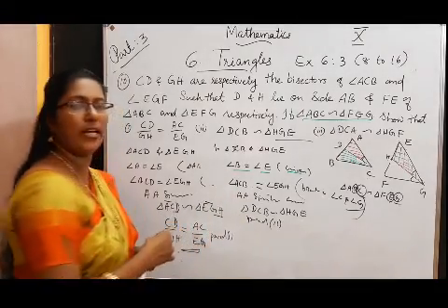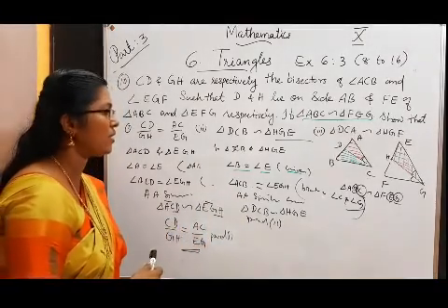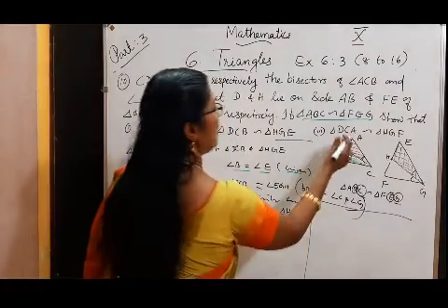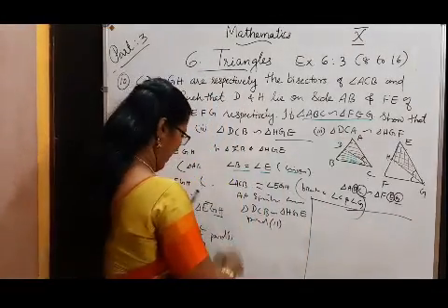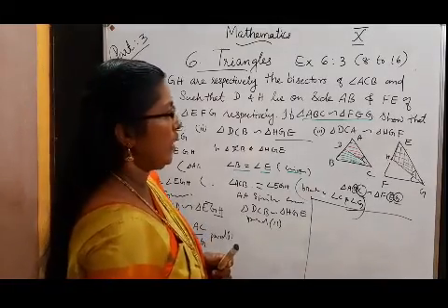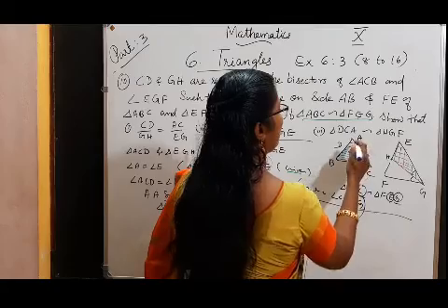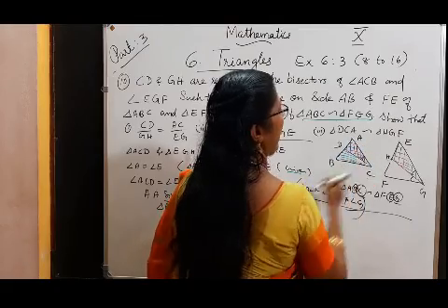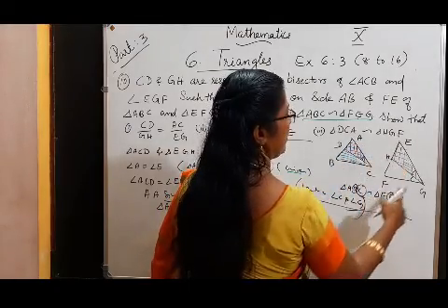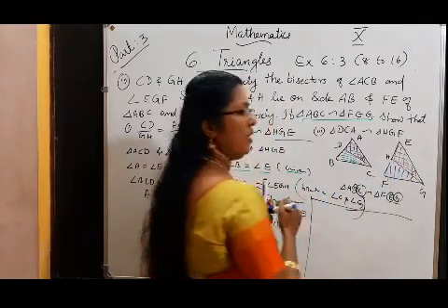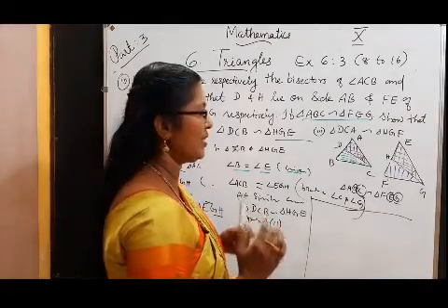The same way we can write by AA similarity criterion, these two triangles are similar. Okay, then last one. What's the last one? DCA, the upper part, and HGF, this lower part. Yes, that is the same step.